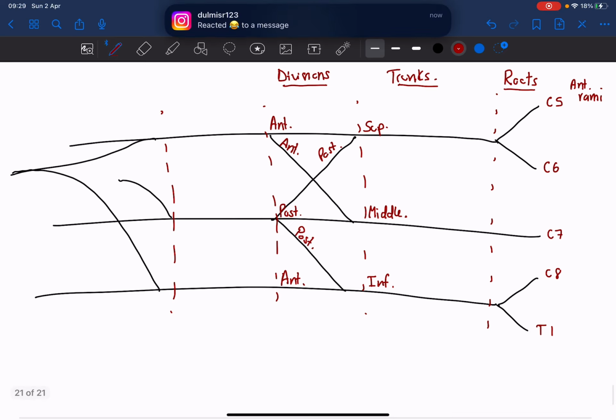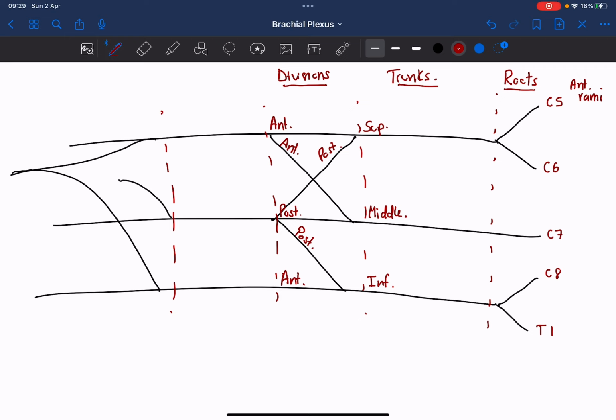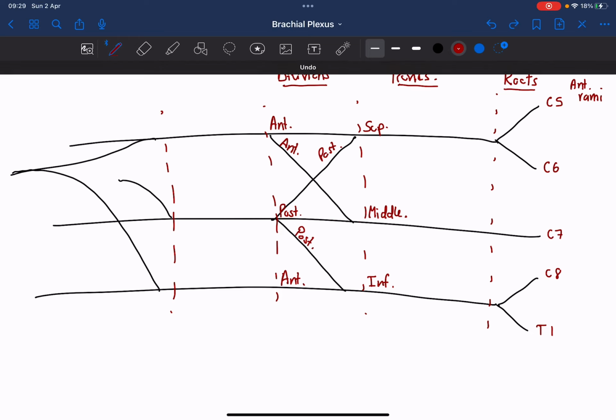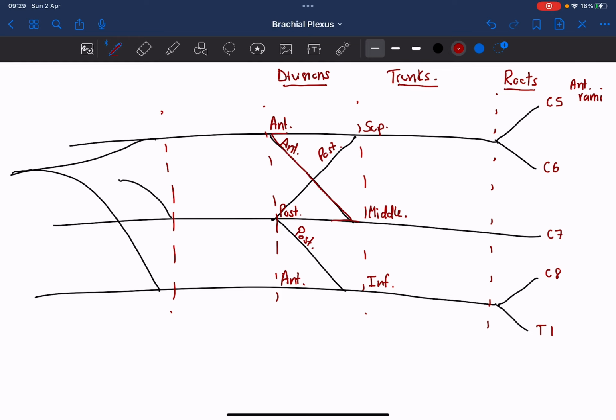If you take the anterior branch, it's coming from the posterior division, which is this one right here, and it's linking the posterior division to the anterior division, while this posterior branch arises from the anterior division and goes to the posterior division. And then finally this posterior branch comes from the anterior division and it goes towards the posterior division.